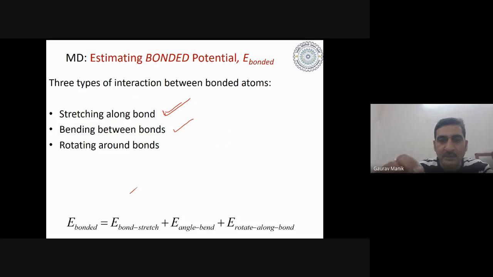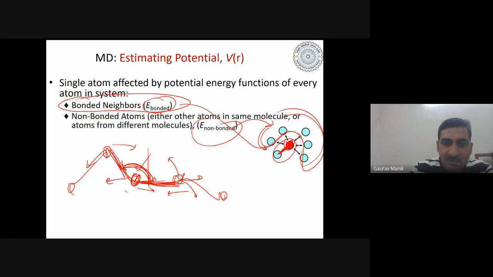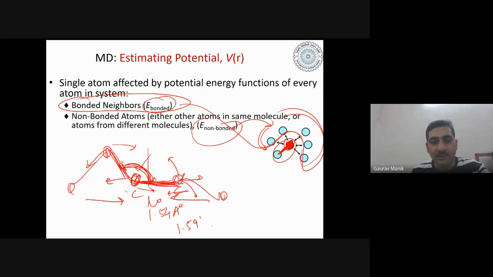For each of these bonds, for instance the stretching part, there is an ideal L0. L0 is a kind of average or equilibrated bond length. Let's say for a carbon-carbon bond, it is 1.54 angstrom. If the particles move so that it becomes 1.59 angstrom, then a compressive force will act on them and try to bring it back to 1.54 angstrom.